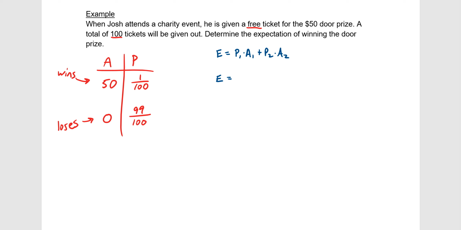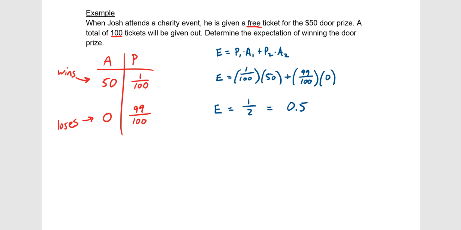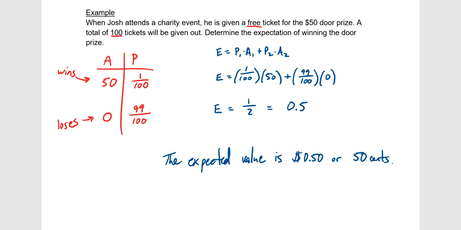We get 1 over 100 times 50 plus 99 over 100 times 0. So that whole entire second term cancels off because it's 0. We get 50 divided by 100, so we get 1/2, which we can write as 0.5 since we are talking money. So the expected value is 50 cents.